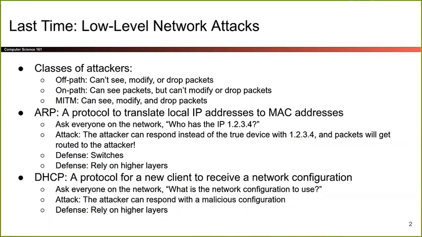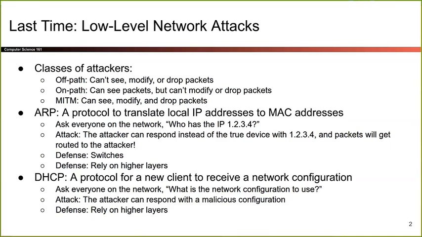The problem is there's an attack, which is if there's an attacker on the network, instead of only the legitimate person answering, the attacker could lie and say, yeah, that's me, I have that IP address, and here's my MAC address. Now that's not true because the attacker doesn't have that IP address, but they could lie and say that they do. And if they lie and their answer comes first, then the victim will have to accept the answer.